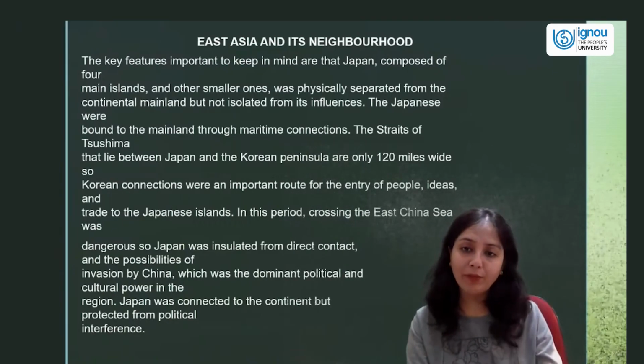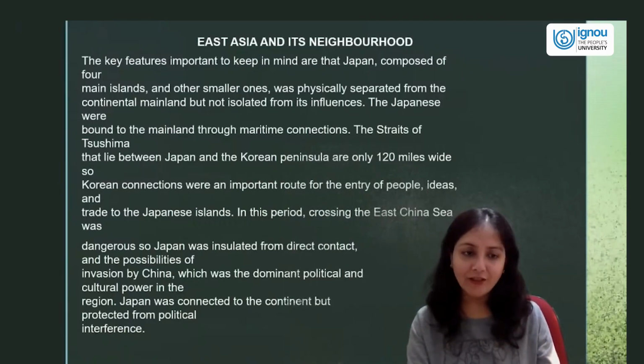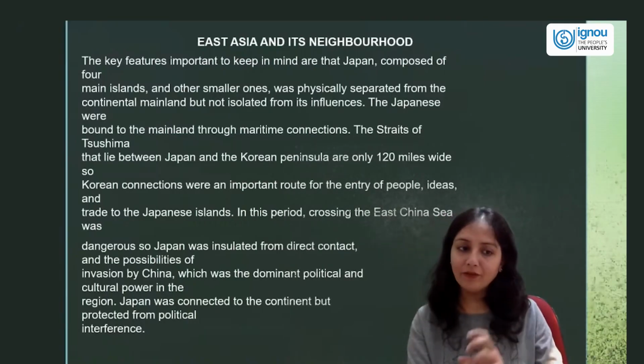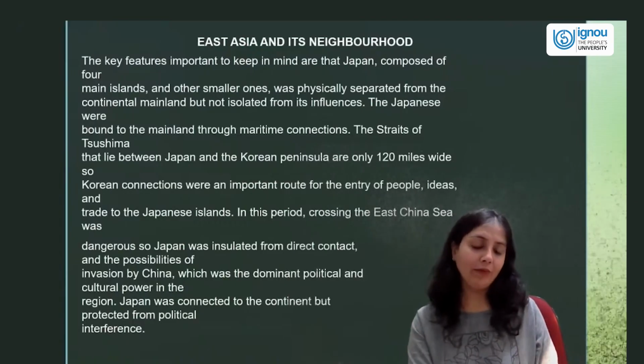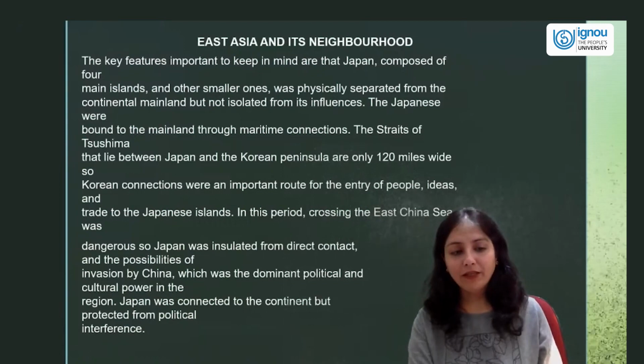And with neighboring countries, we have a horror and a fear that the neighboring country will attack us. That was the very possibility at that particular time, when China was the dominant political and cultural power in the region.